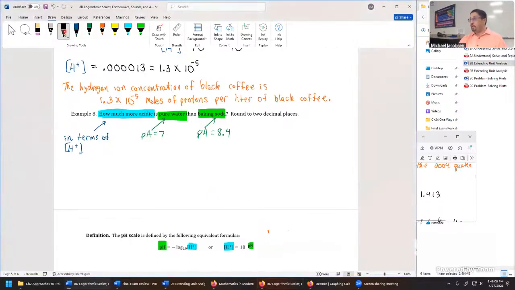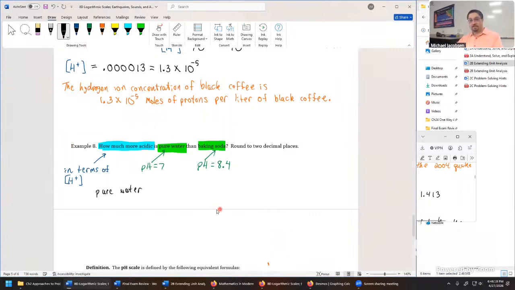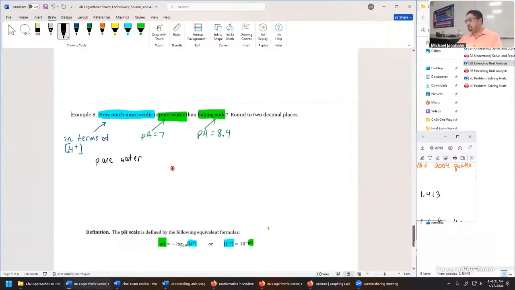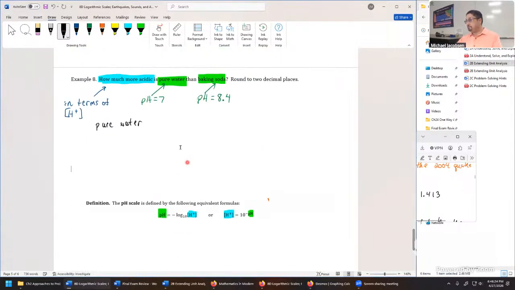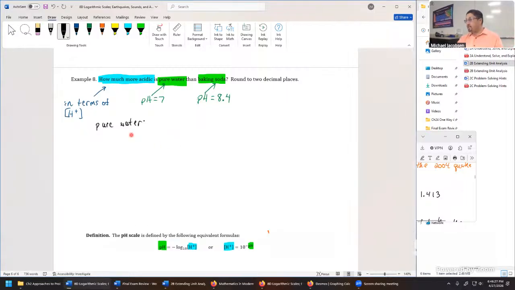So now we can do the following. Let's say for pure water, I have a feeling this should probably go on the next page. Let's drop this down below. For pure water, we can say H plus concentration, number of protons per liter in terms of moles of protons, is going to be equal to 10 to the power of negative its pH, so -7.